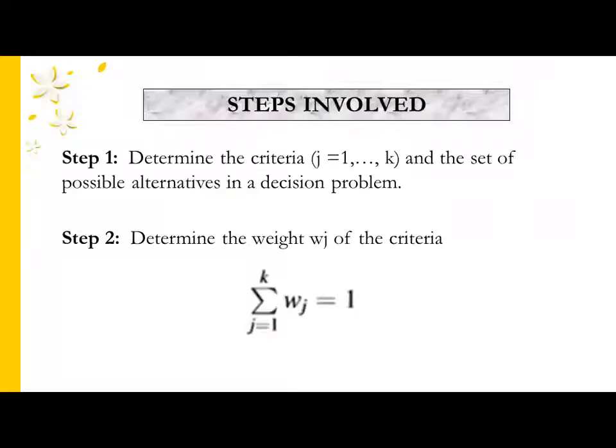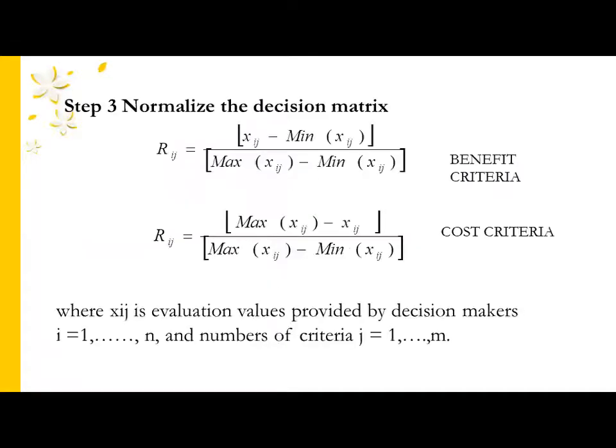So what are the steps involved? In the very first step, we find the criteria and the possible alternatives in a decision problem. Then we find the weight of each criterion, with the condition that the sum of all the weights of the criteria must be equal to 1. Now comes the normalization of the decision matrix.